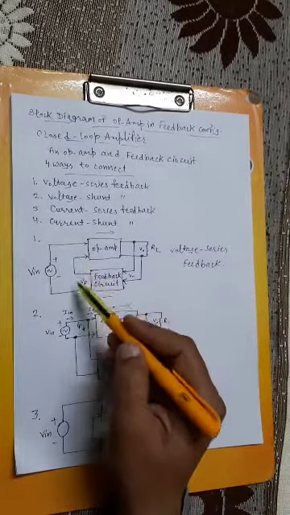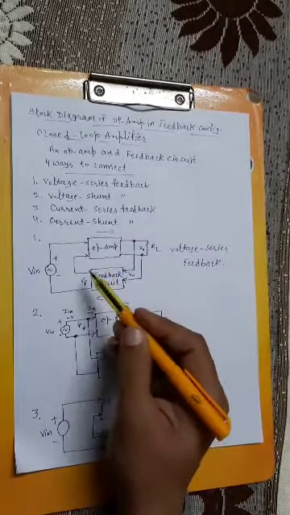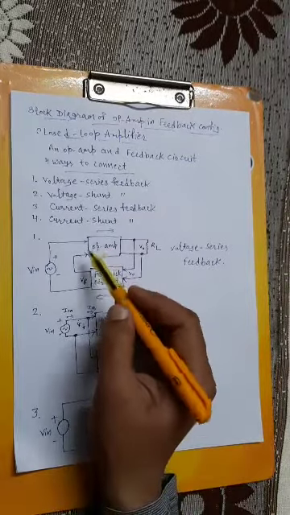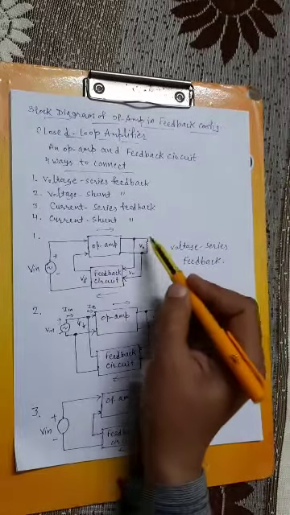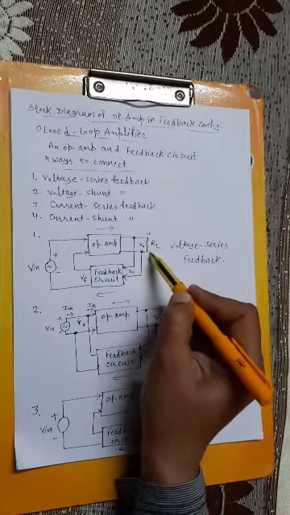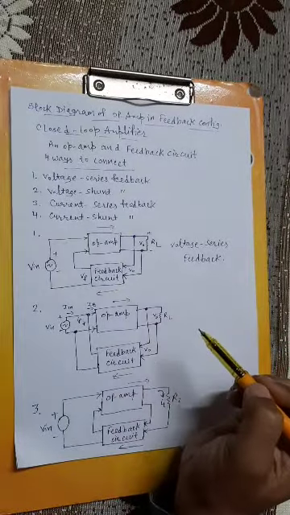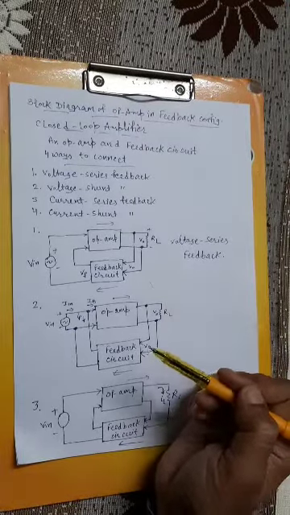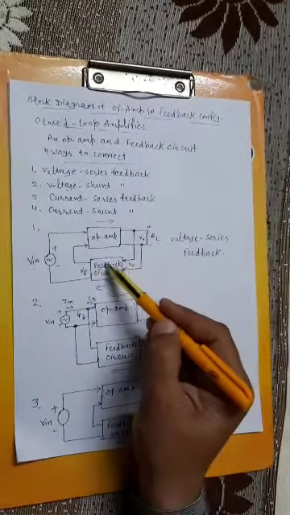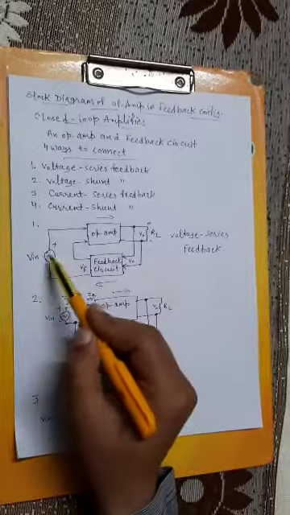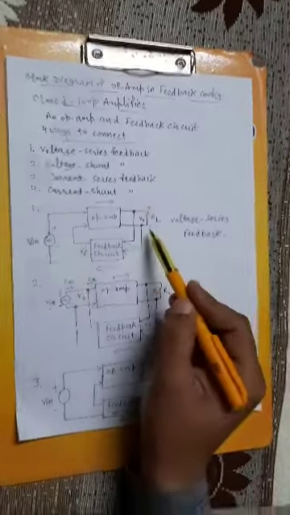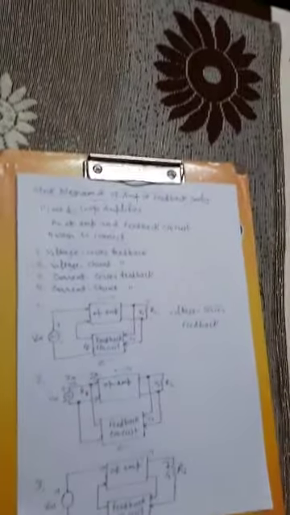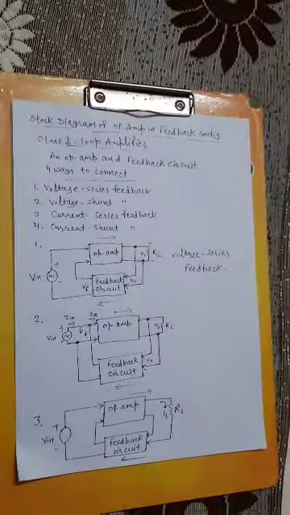We can remember this connection by the plus and minus symbols for the output voltage. The plus side is connected to the minus side of this input voltage, and this minus side is connected to the plus side of this input voltage.